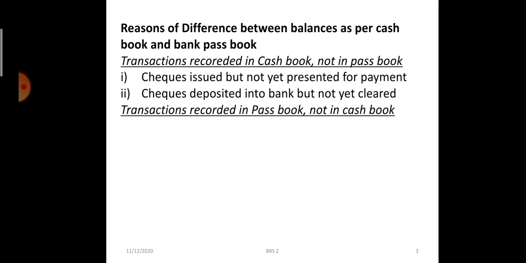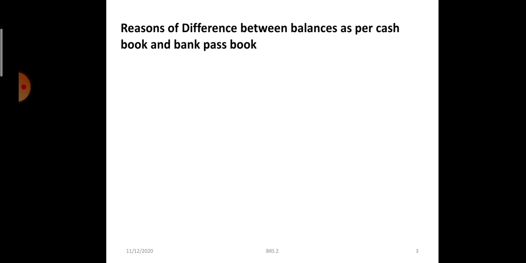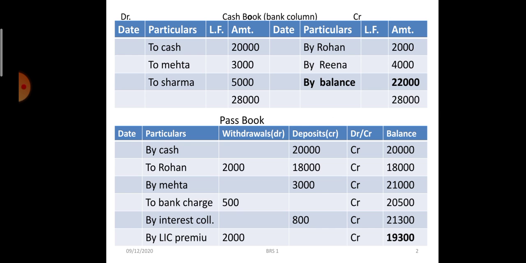Similarly, there will be transactions which are recorded in passbook but not in cash book, like interest allowed, credited by bank. See the second last entry here, interest collected 800 rupees.